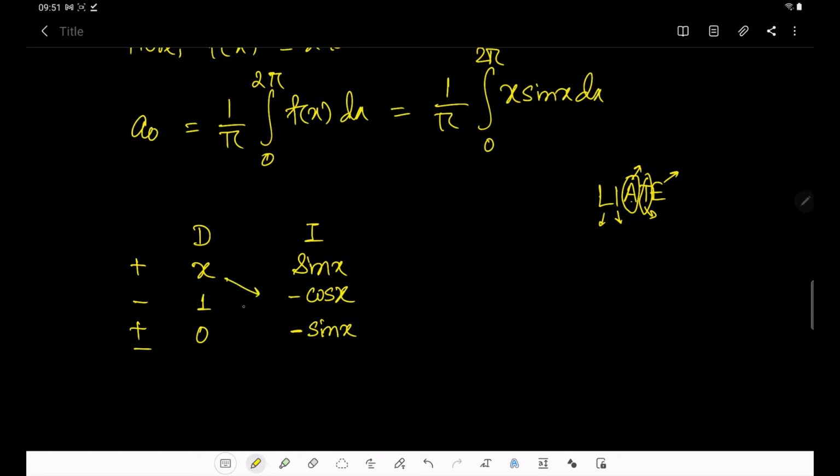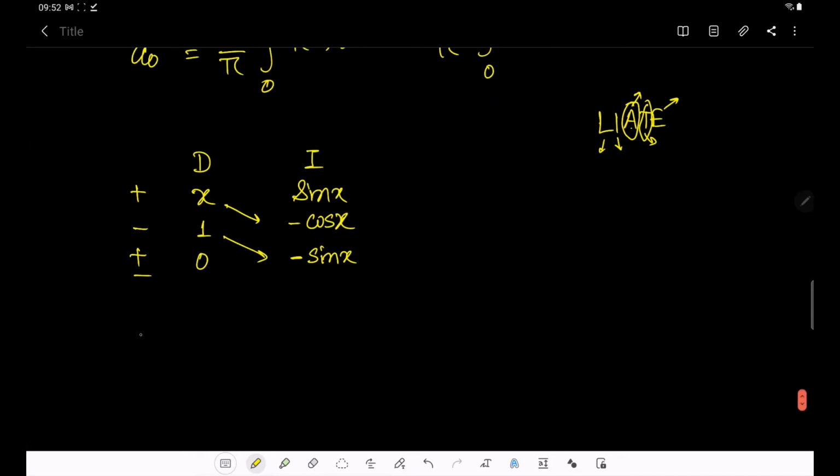Now to find the integration, we multiply x with the first integral and 1 with the second. So the integration value will be minus x cos x plus sin x.